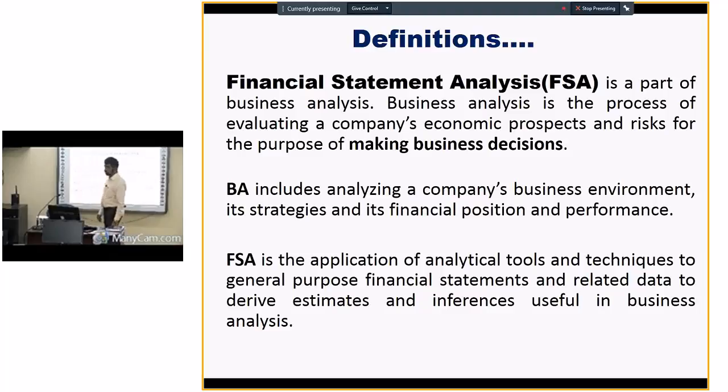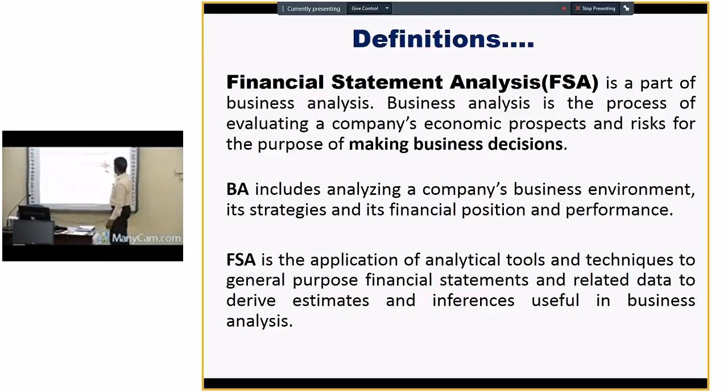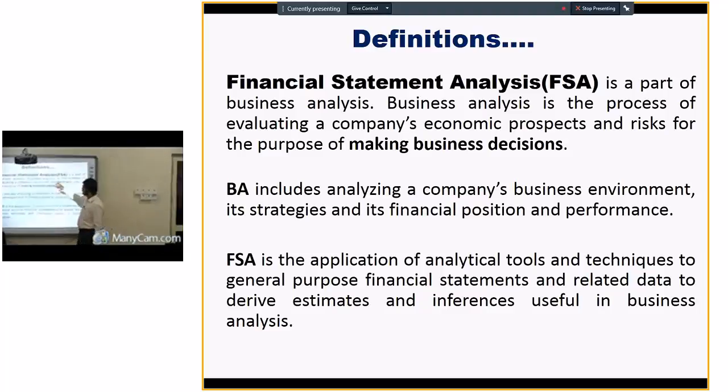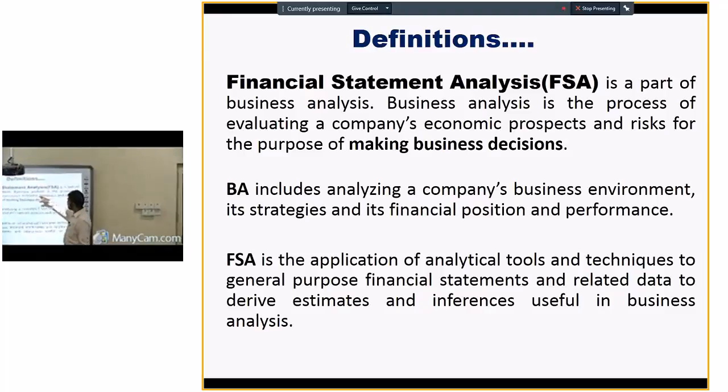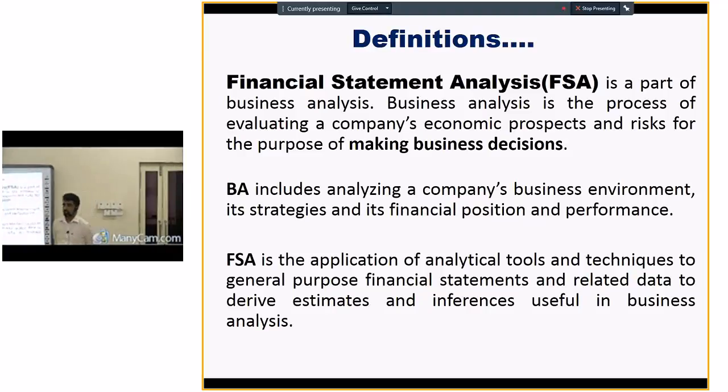Now if you go to financial statement analysis, again you can see the previous definitions. It is a part of business analysis. Business analysis is the process of evaluating companies' economic prospects and risk for the purpose of making business decisions.